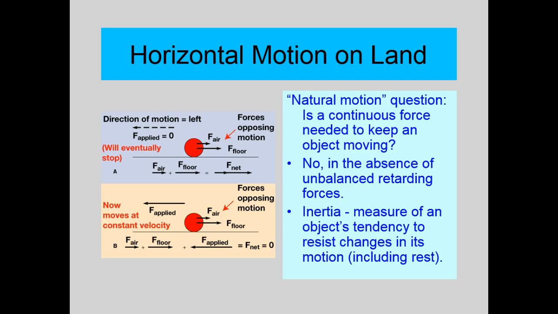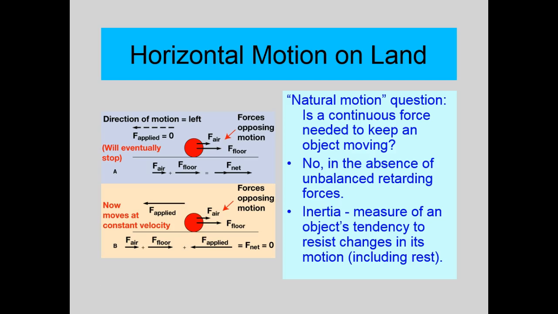So let's say that I had that bowling ball I was talking about, and I'm going to rear back and roll it just as fast as I can toward you. In order for you not to get hit, you're going to have to change its motion, kick it or something like that. My guess is that's not going to feel very good, because that bowling ball has a lot of tendency to resist the change in motion.